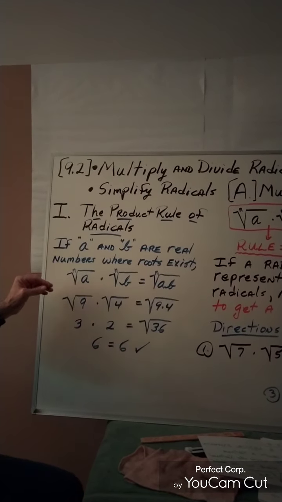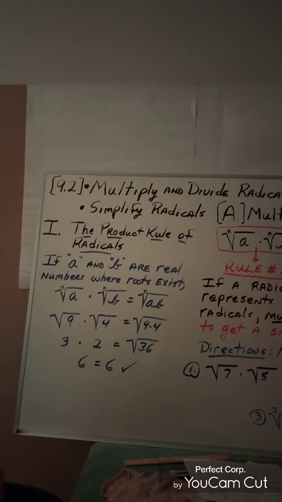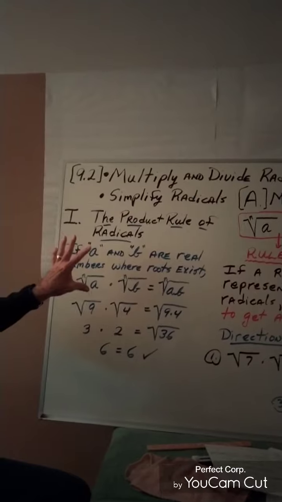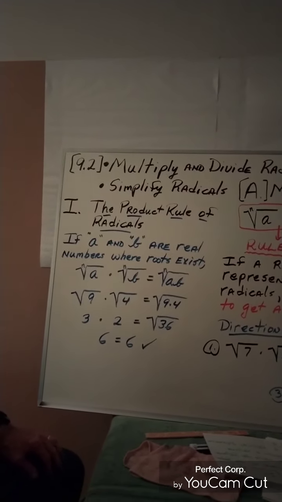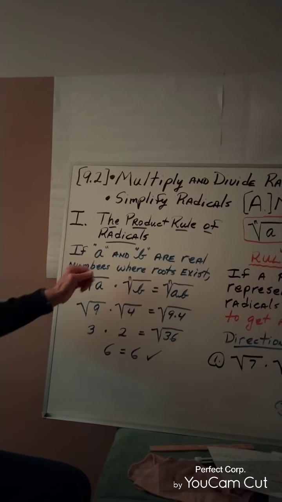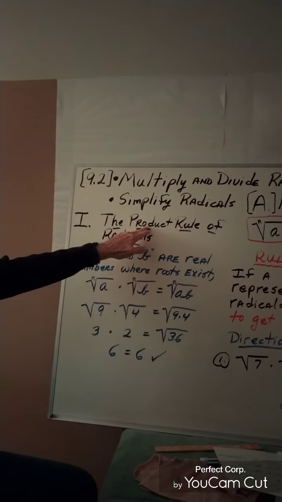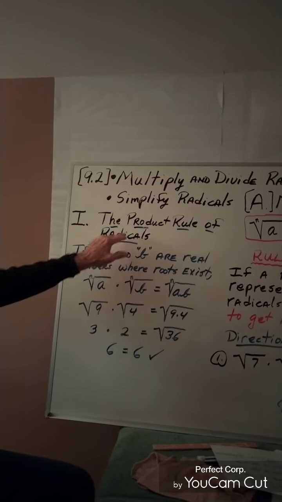Now, like I just mentioned moments ago, we're going to start with multiplying radicals first. And there is a rule, a property, that we have to follow when we are working with multiplication of radicals. It's called the product rule of radicals.